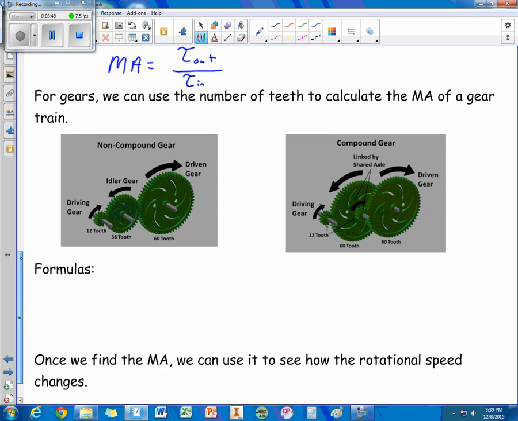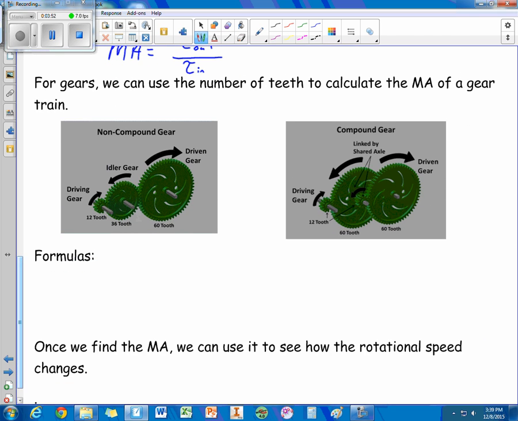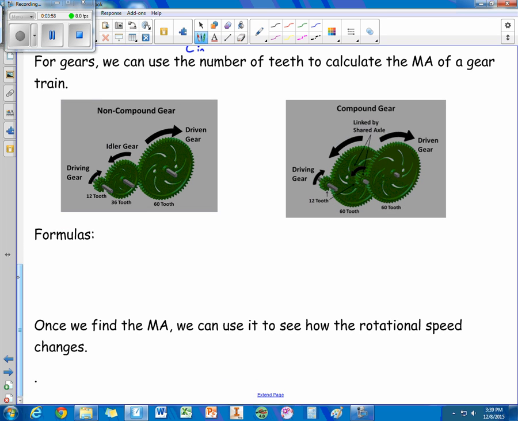All right, something else to remember, the number of teeth on a gear can help us calculate mechanical advantage, where we have the output divided by the input. So for this first one, this non-compound gear, let's say that this side is the input and that side is the output.